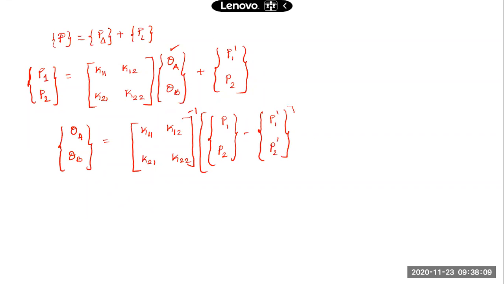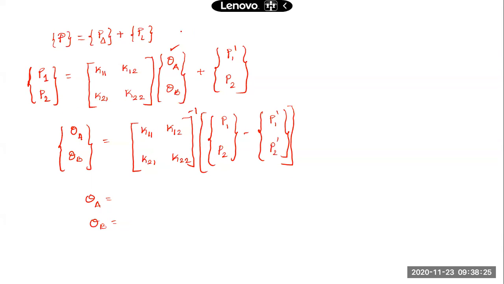So I can rearrange these terms and find theta A and theta B, the displacements. Once I know these displacements, determining the bending moments or the other forces can be done.